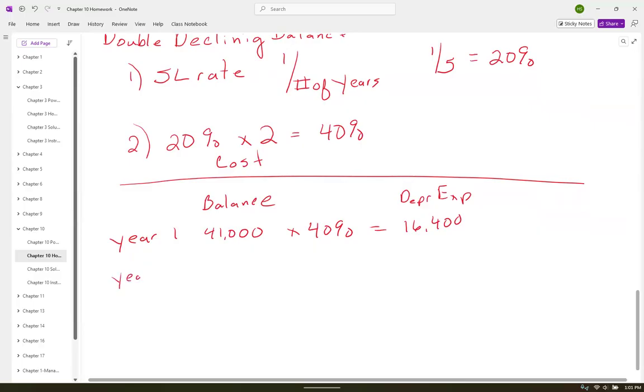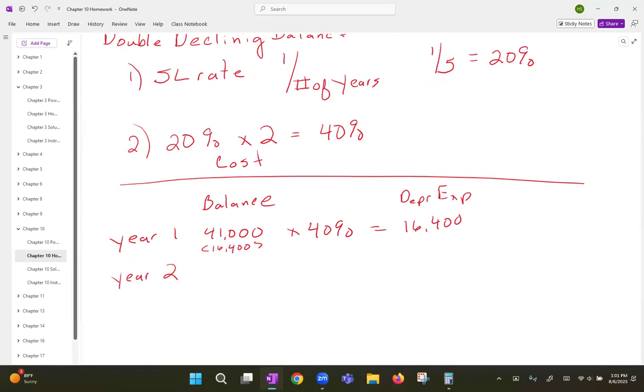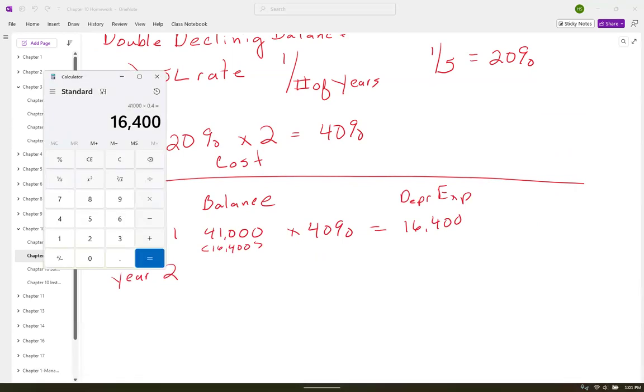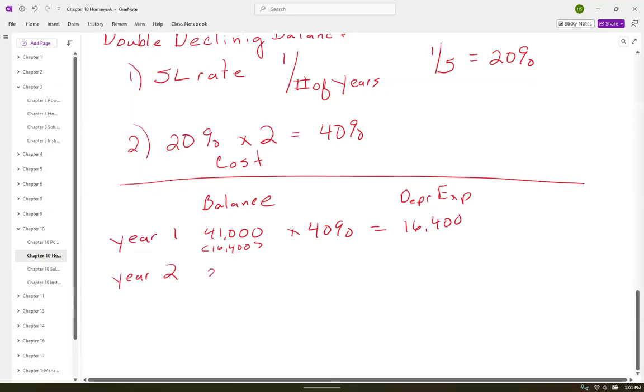Okay, we come down to year two. We're going to take the 16,400 away from the 41,000 so we can get a year two balance. 41,000 minus 16,400 gives us 24,600.